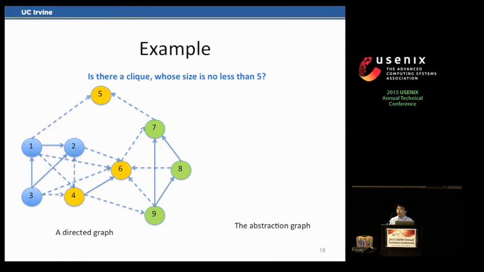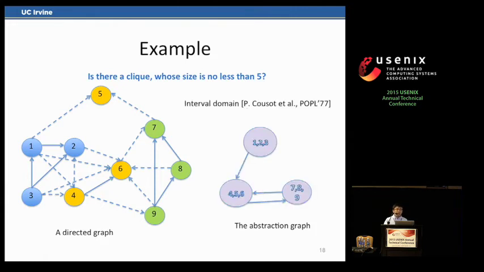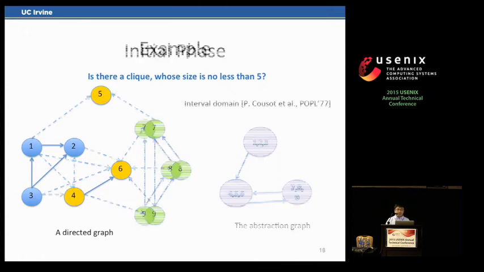The reason we use the interval domain is for data locality, meaning that concrete edges which are abstracted by one abstract edge are physically located together. In this small example, we use one abstract vertex to represent 3 consecutive concrete vertices, and we build the abstract graph.